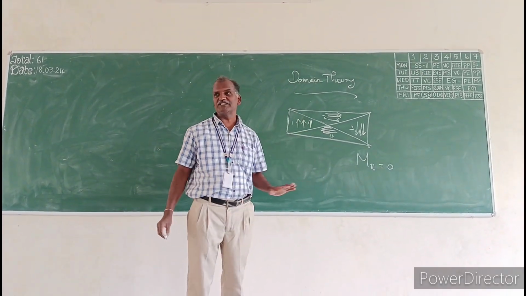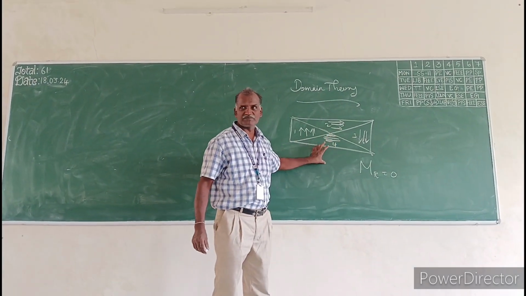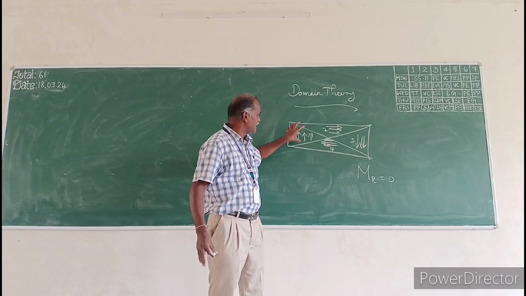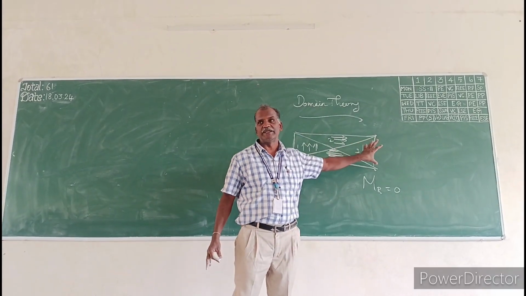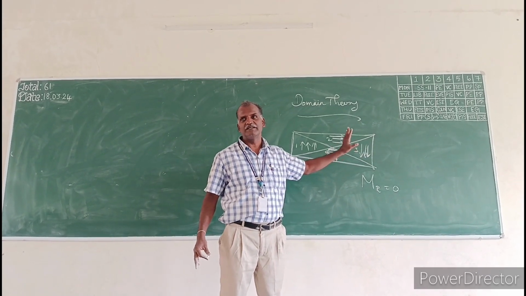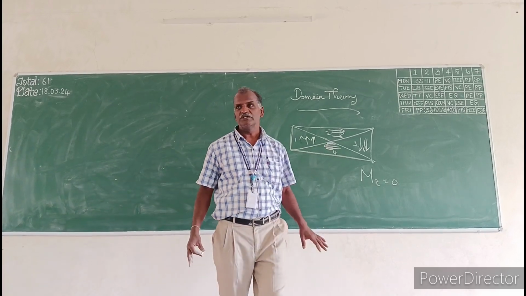The reason given by the wise scientist is that every domain is magnetized to its maximum value, though their directions are random. As a result, they cancel each other, and the resultant magnetic moment of the ferromagnetic material is 0.